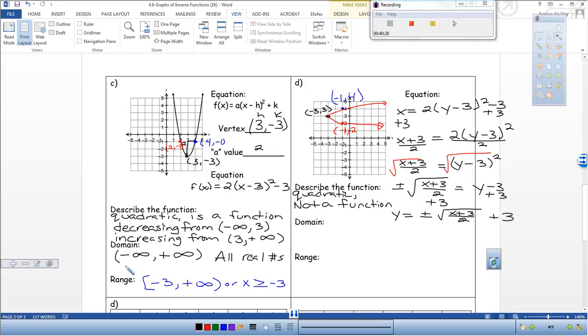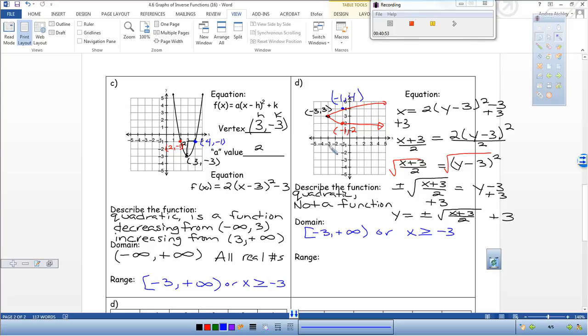Okay, and again, because it's turned on its side, we won't talk about increasing over certain intervals or decreasing, because it's doing both at the same time. Okay. Domain. Again, our domain and range should just switch places. So our domain should be negative 3 to positive infinity, or x is greater than or equal to negative 3.